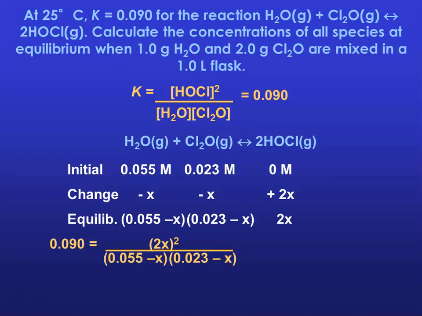This is why I said that you very well may want to have a calculator that can graph available during class, because this would not be the most fun to solve for x. But if you set up your graph so that y1 would be 0.090 and y2 would be the right side of your equation, the equilibrium expression.